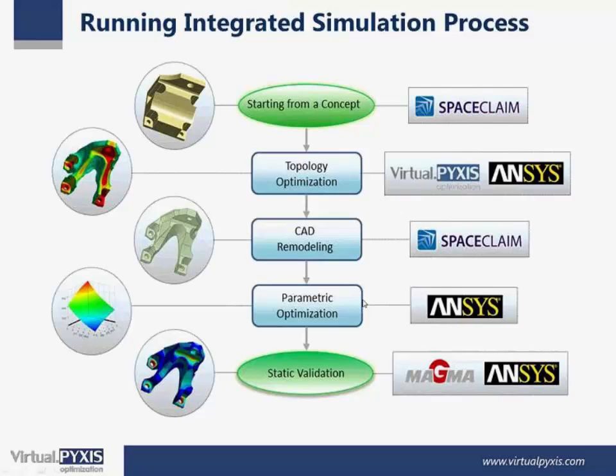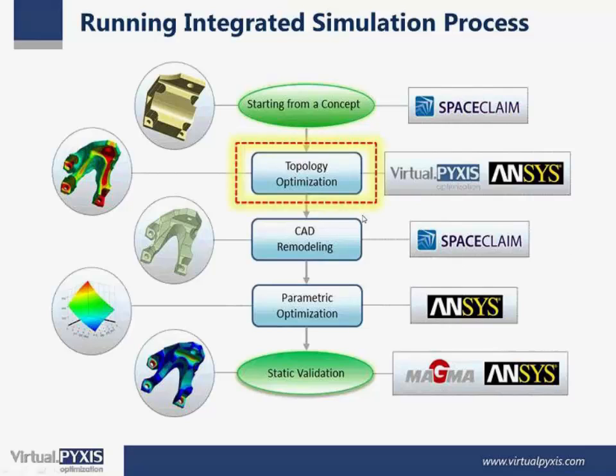And also, I will show you how to integrate this using, for example, the ANSYS DesignXplorer to get the best condition, for example, of minimization of stress of some part of this model. And finally, the static validation using, for example, MAGMA, and also again running with ANSYS. And here we show an ACT that we have created to import the MAGMA residual stress to ANSYS Workbench, and after that you analyze your model.